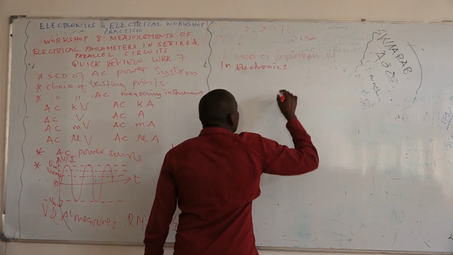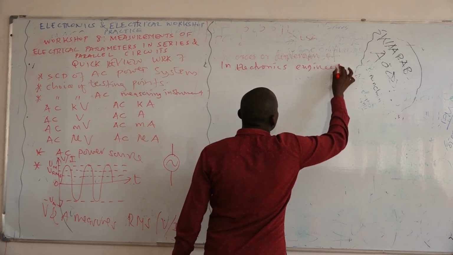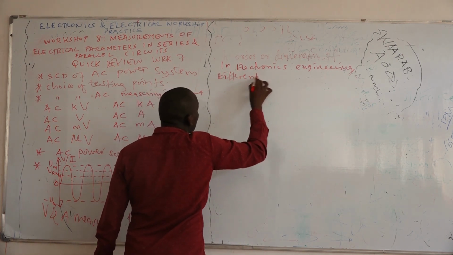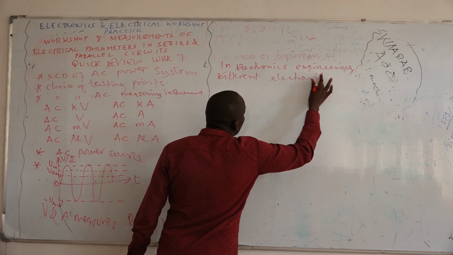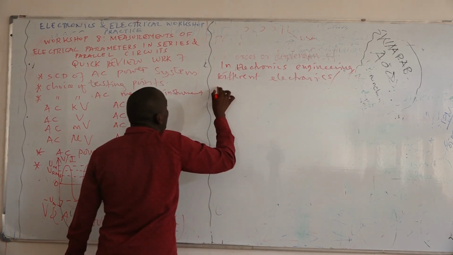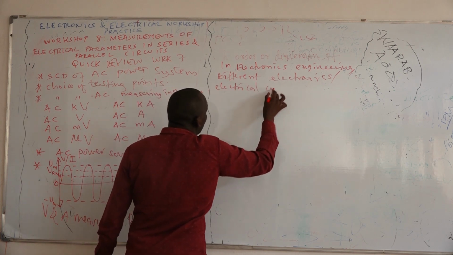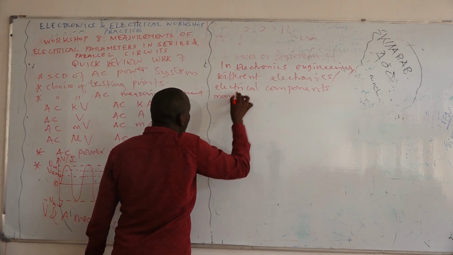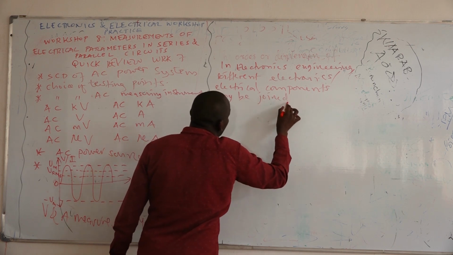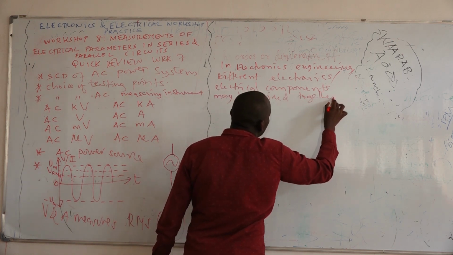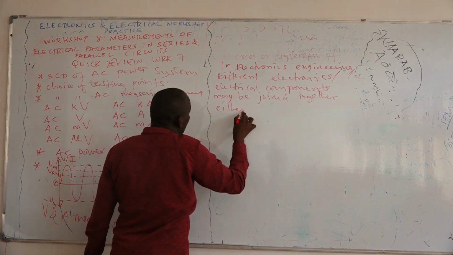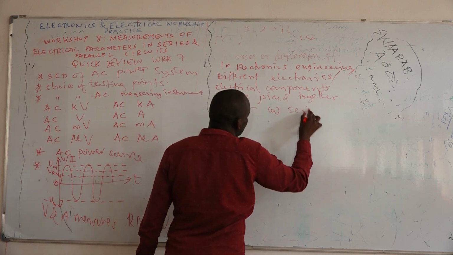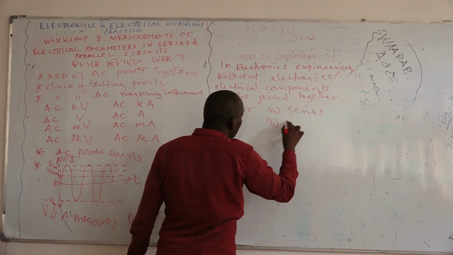In electronics engineering, different electronic or electrical components may be joined together either A in series or B in parallel.